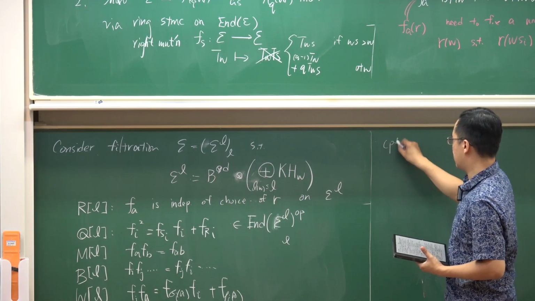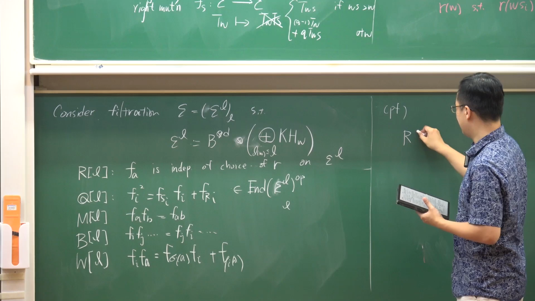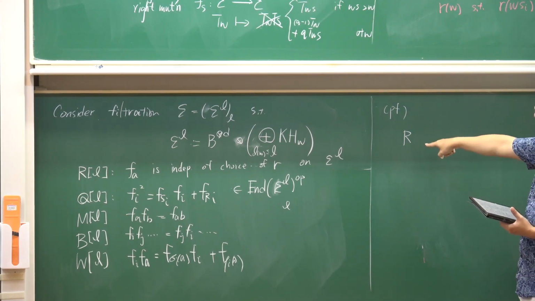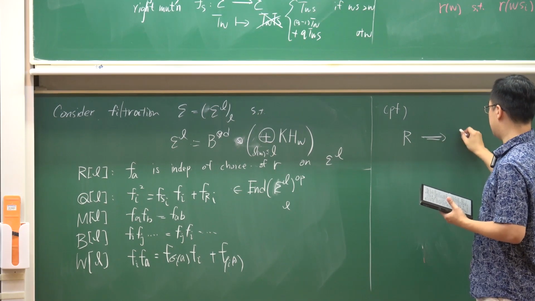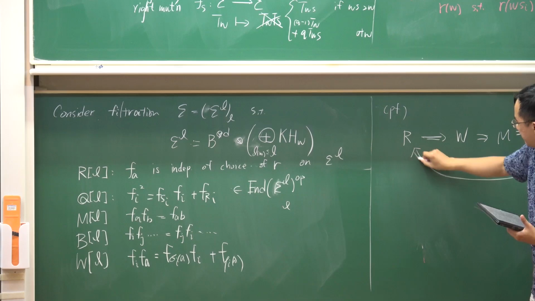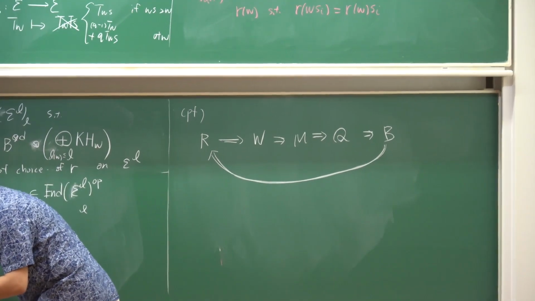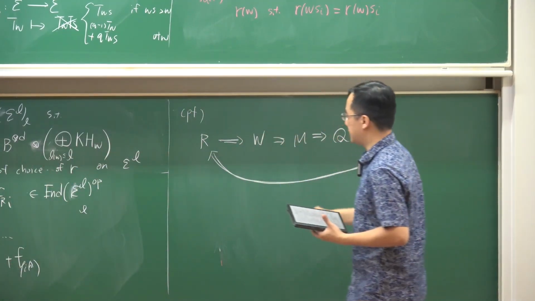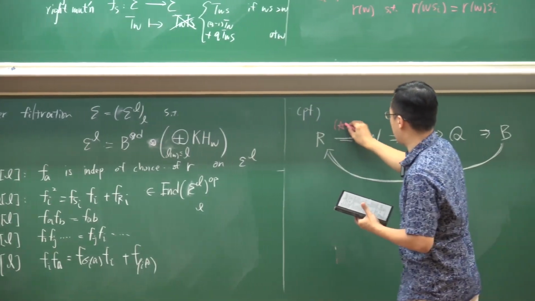So the proof goes like this. You have a grand loop like this. You have R from the previous fixed number L. It implies the W statement, and then the multiplication statement, and then the quadratic statement, and finally the braid relation statement. And from all these, you can prove the next reduced expression statement. As I said, each step uses all the previous assumptions on these statements plus those star relations.